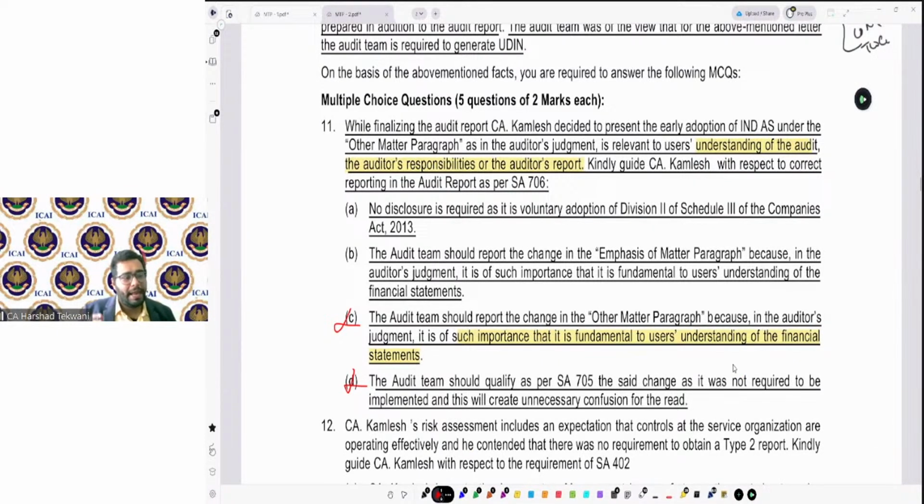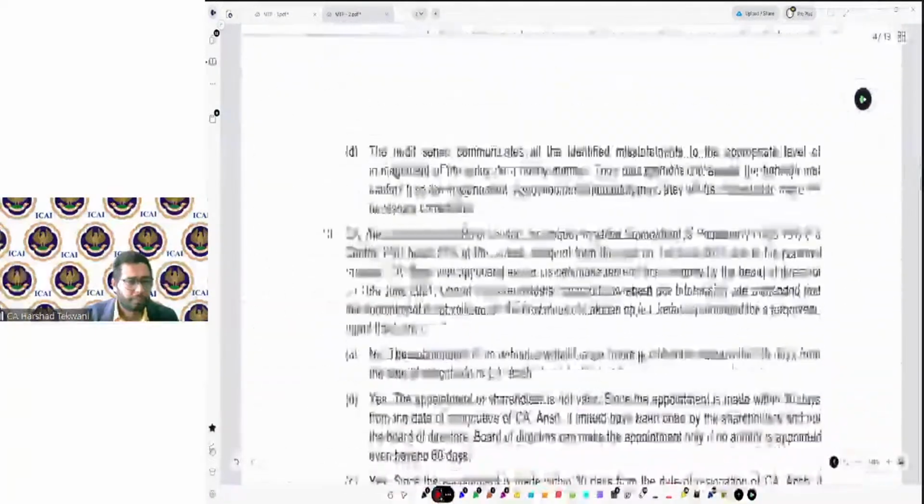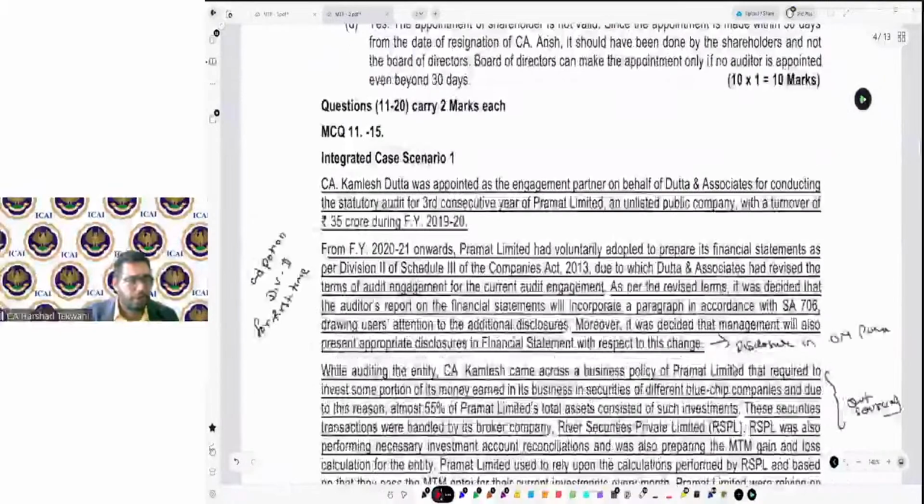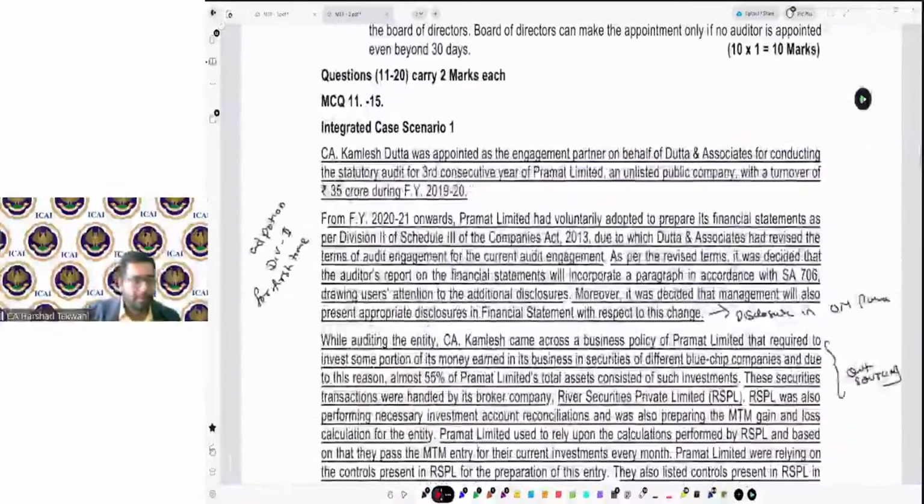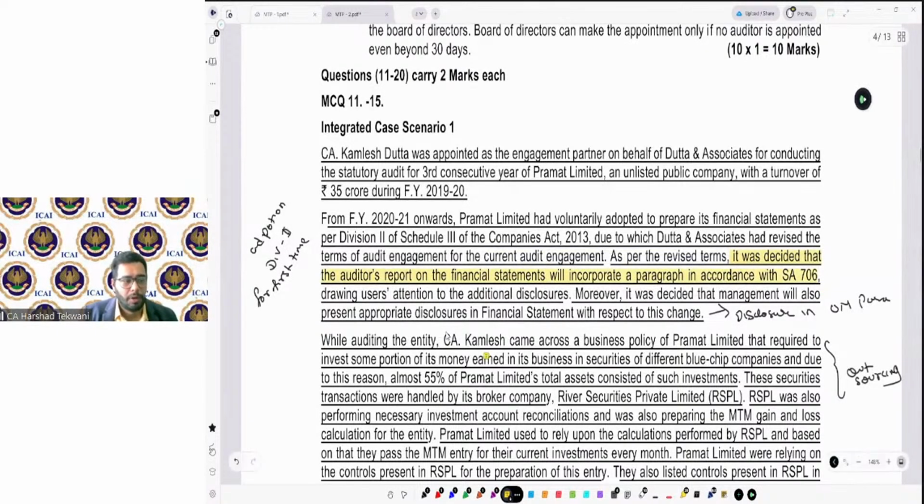Now coming to options B and A. I could say B is also good because it appears to be correct. I'm not sure about A: no disclosure is required as it's a voluntary adoption. For that, let's go to the question. If you see the question itself, there is one line mentioned that it was decided that the auditor's report on the financial statement will incorporate a paragraph in accordance with SA 706, drawing user attention to the additional disclosures.